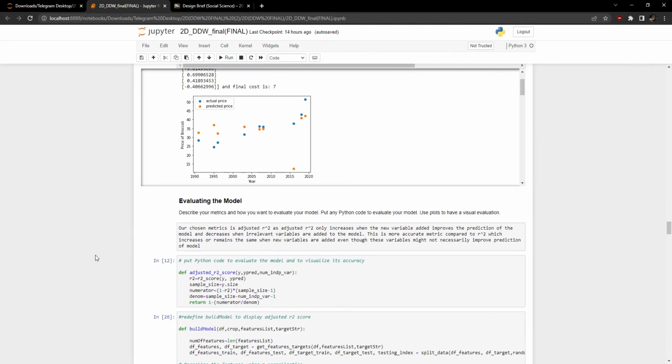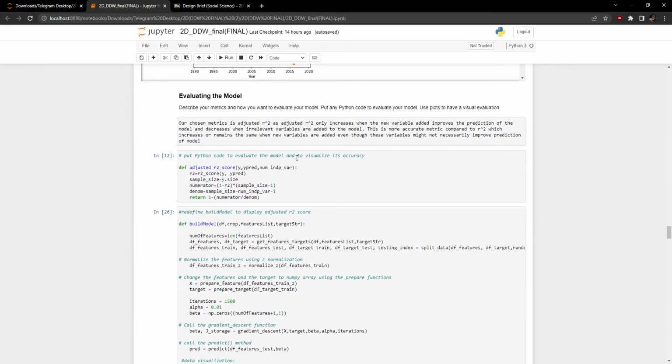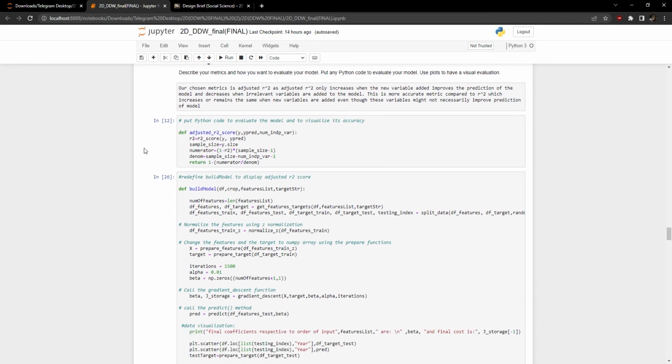So to evaluate the model, we decided to put in adjusted R square because it is better able to determine the relevancy of each predictor. If we remove or add in ones, it can better reflect that.